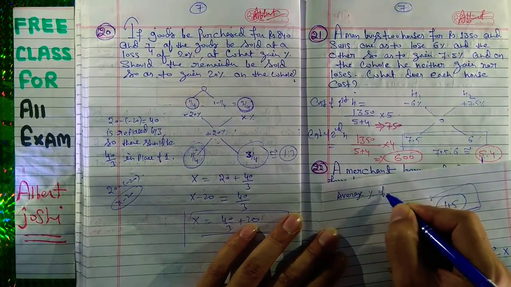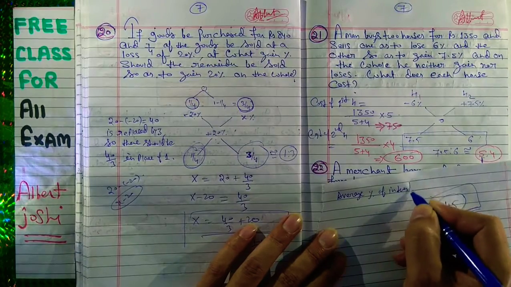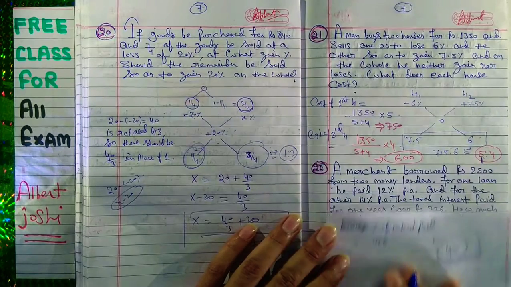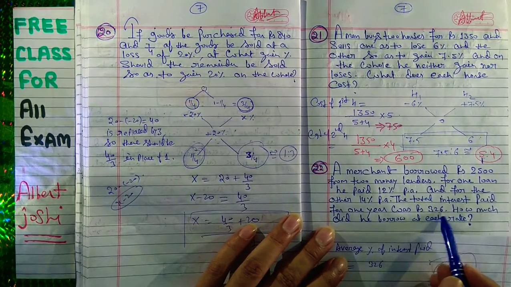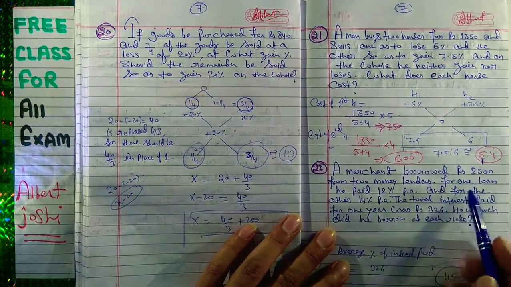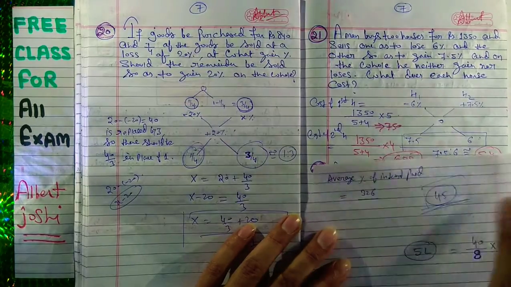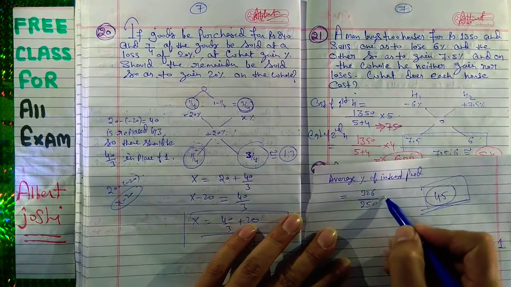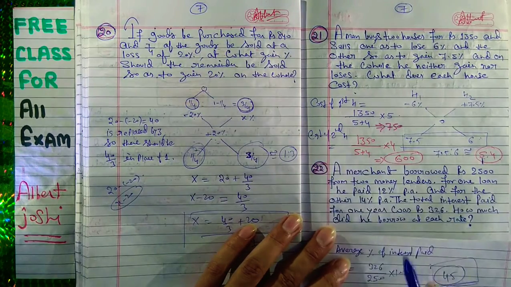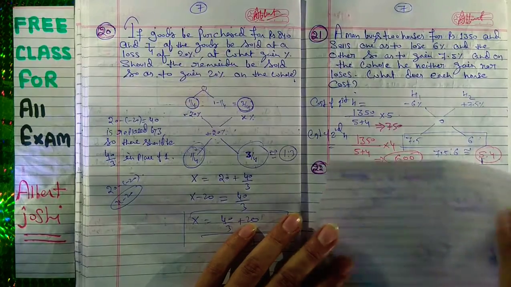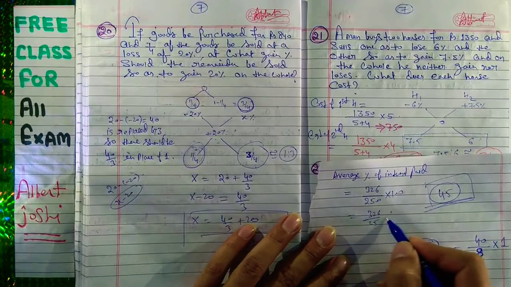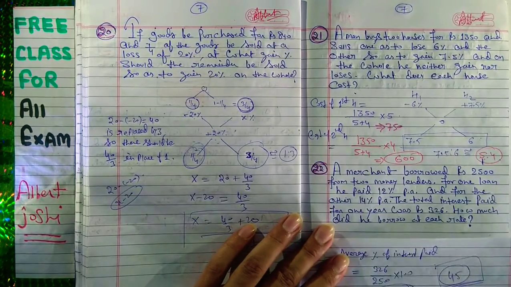Average percent of interest paid is equal to 326 upon total borrowed 2500, into 100. So the part of this 326 out of 2500 is 326 upon 25%.